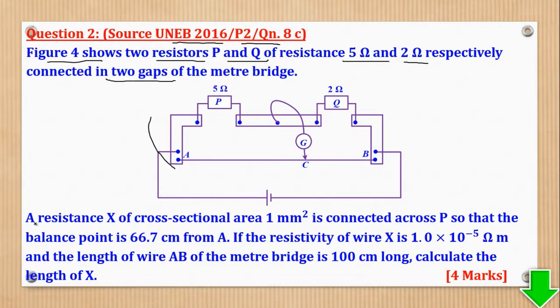A resistance X of cross-section area 1 millimeter squared is connected across P so that the balance point is 66.7 centimeters from A. So that means from A to C is 66.7. If the resistivity of wire X is this, and the length of wire AB of the meter bridge is 100 centimeters long, find the length of X.